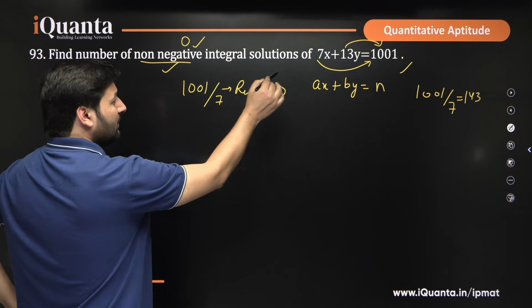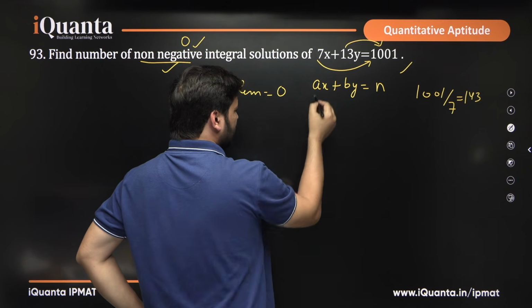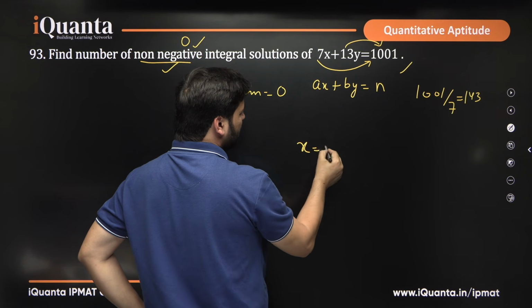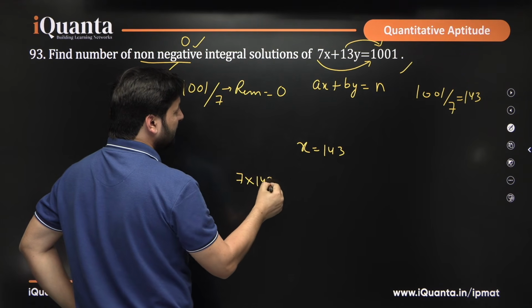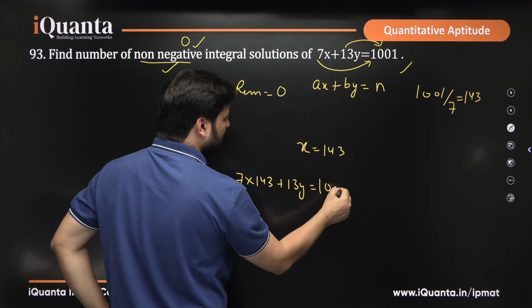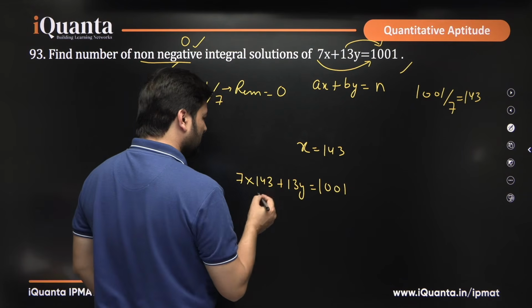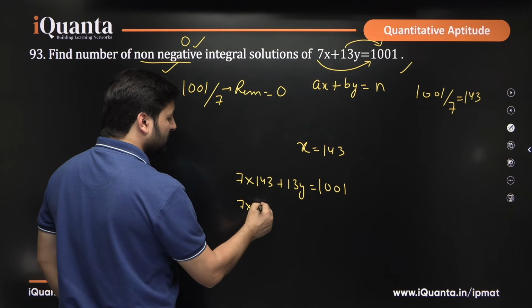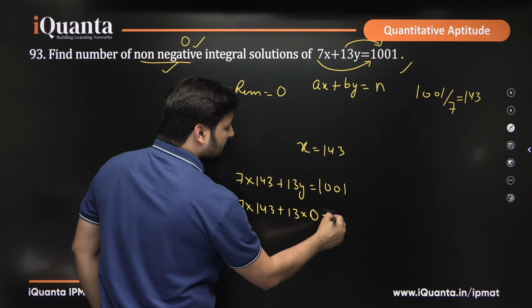Now, if x has the value 143, then 7 into 143 plus 13y is equal to 1001. In this case, this is already making up 1001, so y will be 0. So 7 into 143 plus 13 into 0 is a solution.